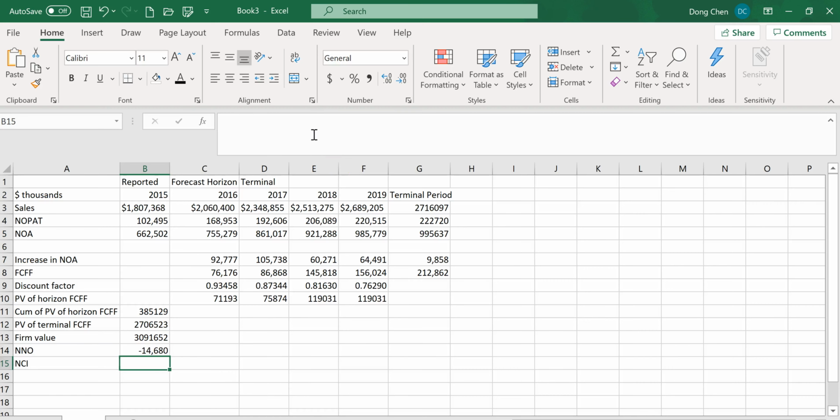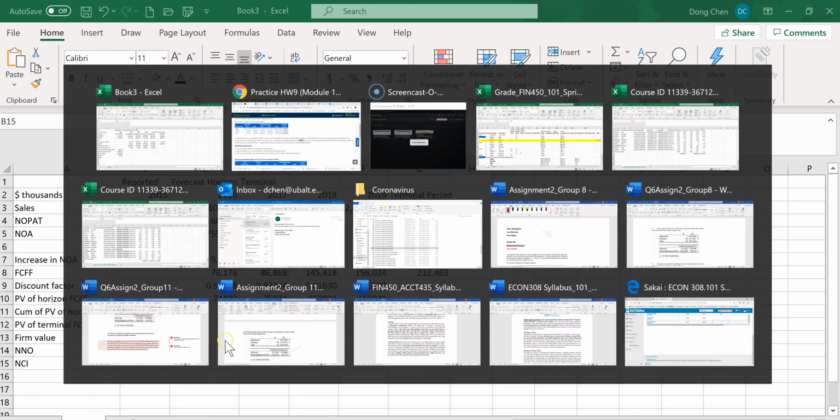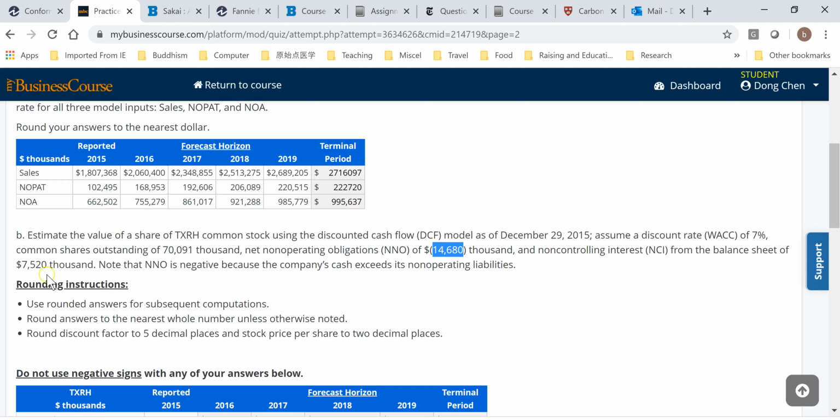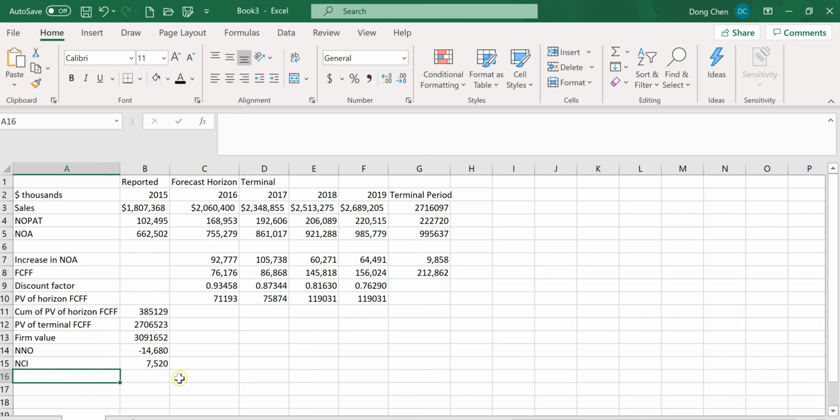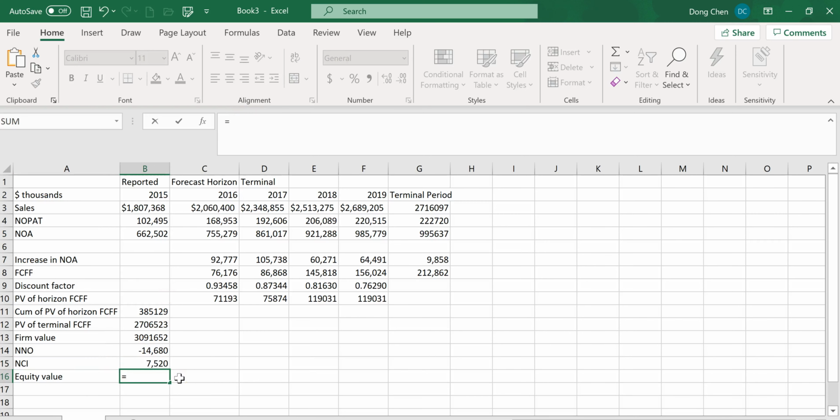And NCI is a positive number, so we just copy this number here, right? Then equity value. Equity value is simply the difference between the firm value and the NNO. NNO here is negative, so we will end up adding a positive number, and then minus NCI.